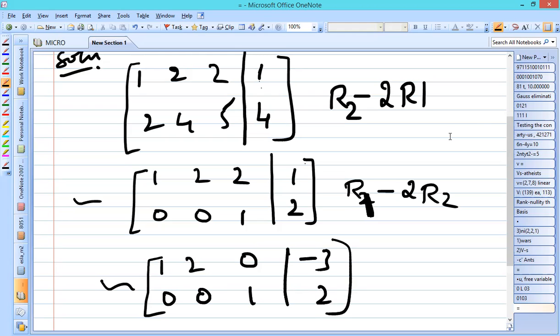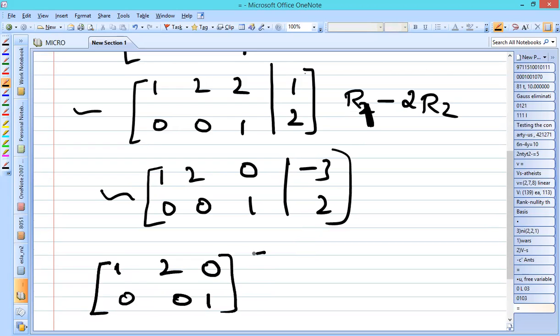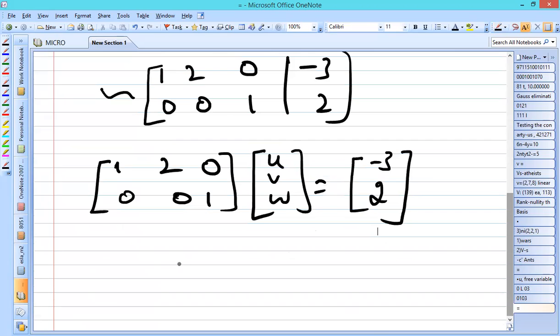Now I'll separate the augmented matrix and write it in the form of Ax is equal to B, that is 1, 2, 0, 0, 0, 1 as the elements of A, multiplied with UVW, which is equal to the reduced values minus 3, 2. Now in order to have a complete solution, we need two solutions: one is the particular solution and the other is the null space solution.